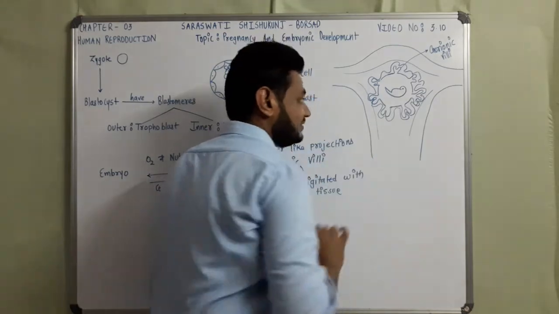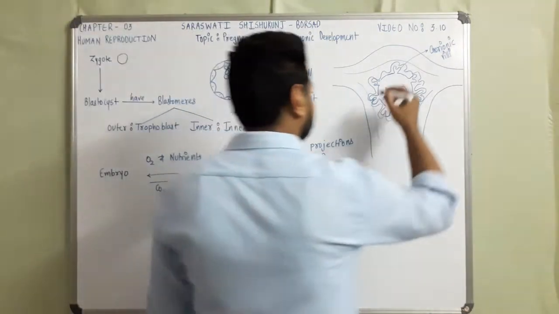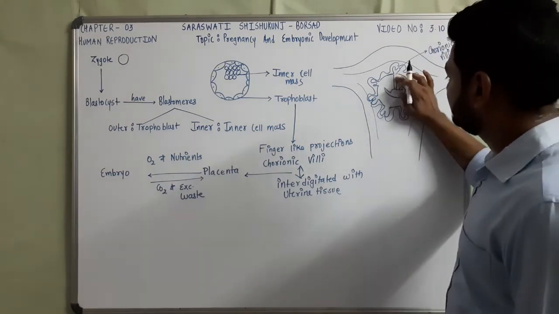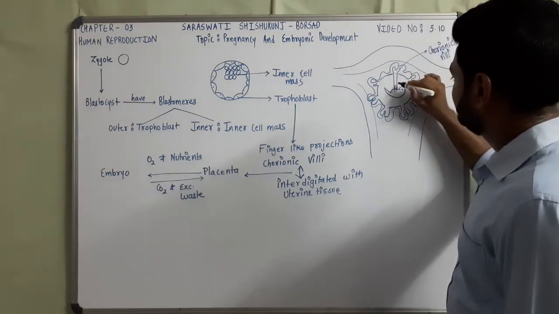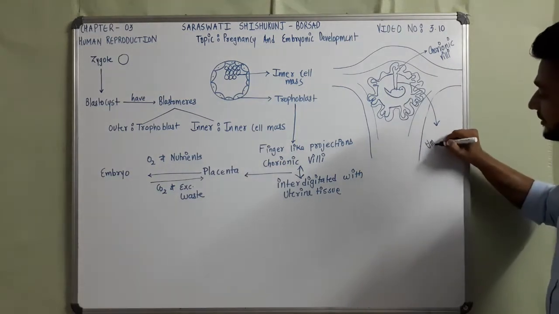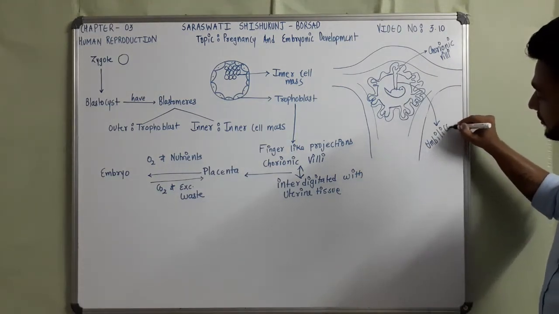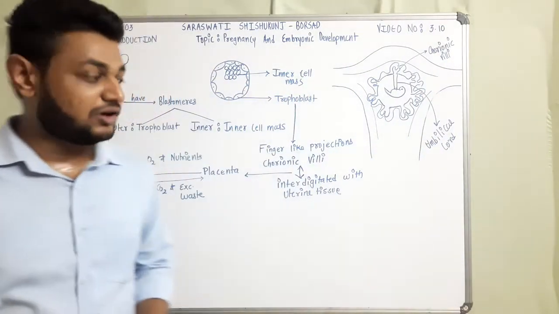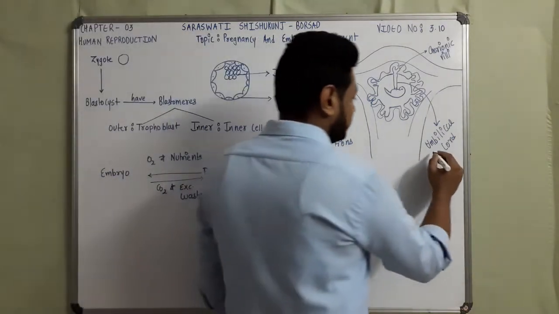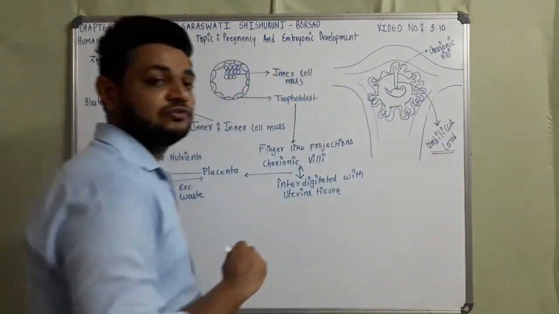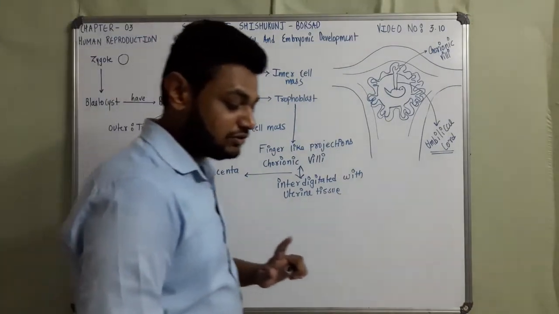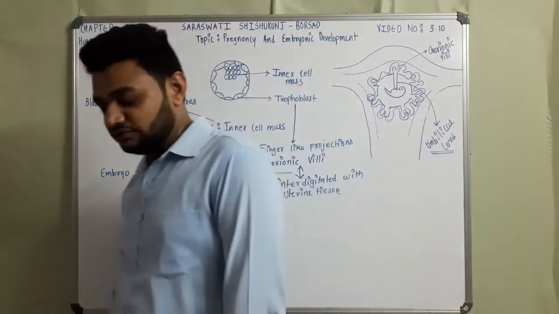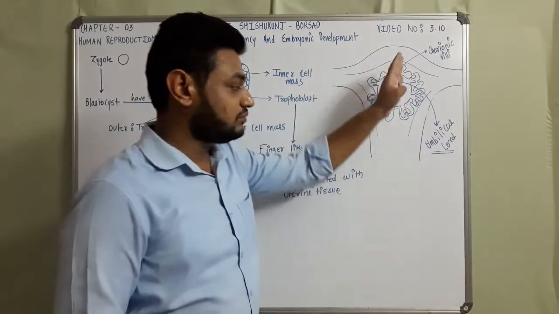Let's say this is a developing fetus. The placenta is connected to the developing fetus by a cord referred to as the umbilical cord. The umbilical cord helps to transport nutrients from placenta to the developing fetus, as well as from the fetus back to the placenta.